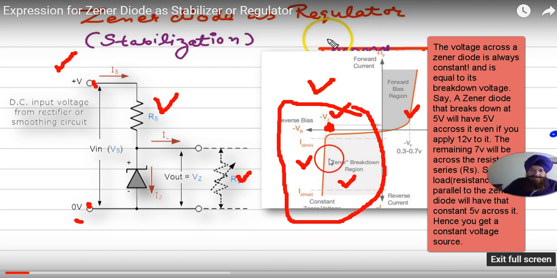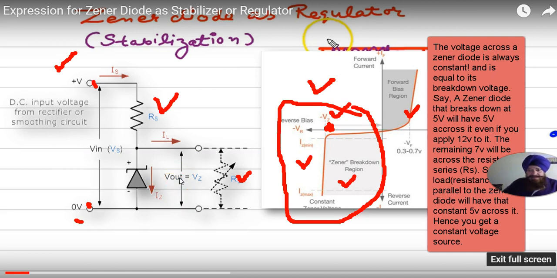The current is increasing, there is a large change in current, but the voltage becomes constant. The voltage across the Zener diode is always constant, and it equals the breakdown voltage, whatever it is, because breakdown voltage is different for different Zeners.